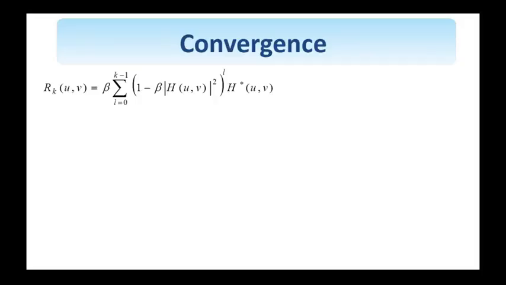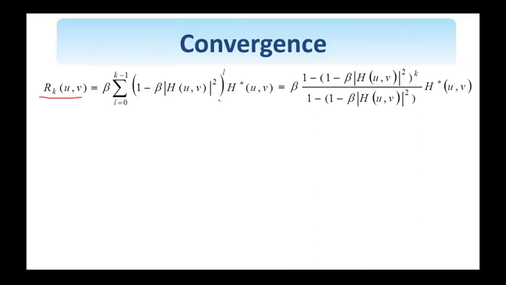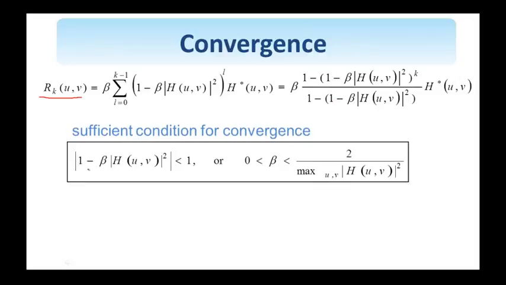Following exactly the same steps we took in the previous case, it's straightforward to show that the restoration filter now at the kth iteration step in the frequency domain, at discrete frequencies u, v, has this form, and the summation is equal to this. So for convergence of this series when k goes to infinity, the condition is that the magnitude of this term here is strictly less than 1.